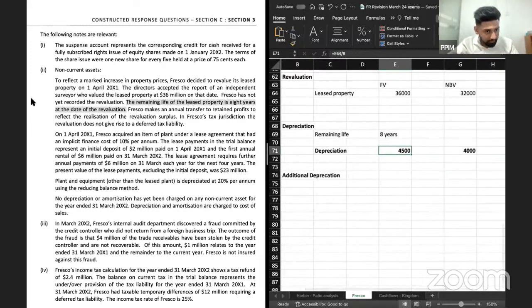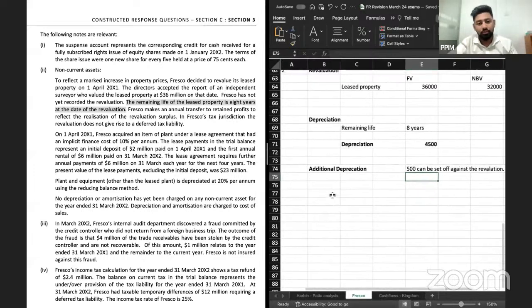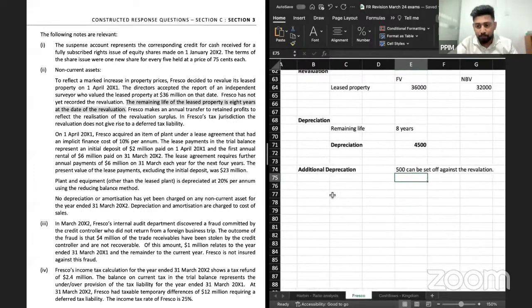Because it has gone up by 500, this additional depreciation of 500 can be set off against the revaluation reserve itself. Meaning, you remove it from retained earnings and set it off against revaluation. Are we clear?